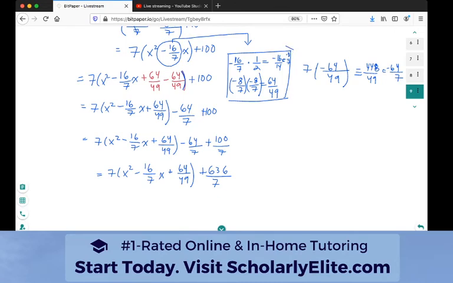So we take negative 8 over 7 as it is, and we make that a perfect square. So it's going to be y equals 7x minus 8 over 7 squared, and then this part stays the same.